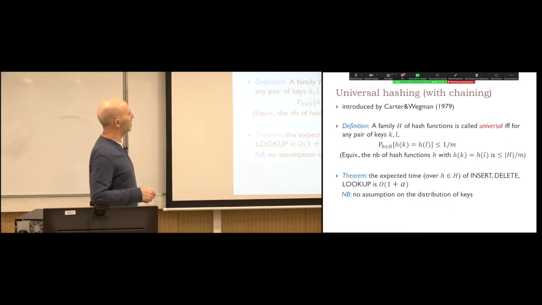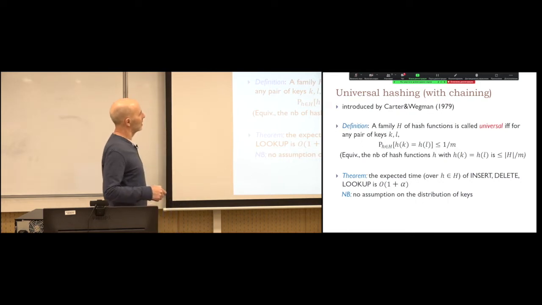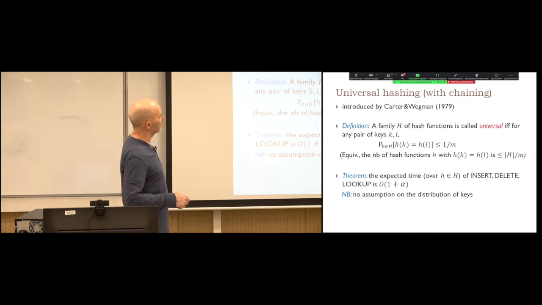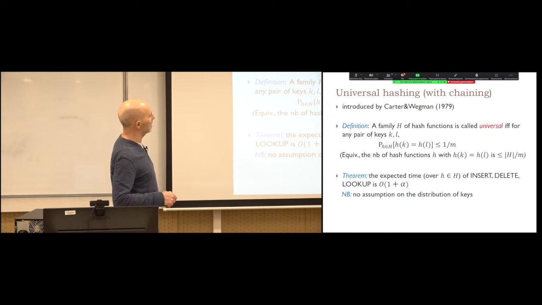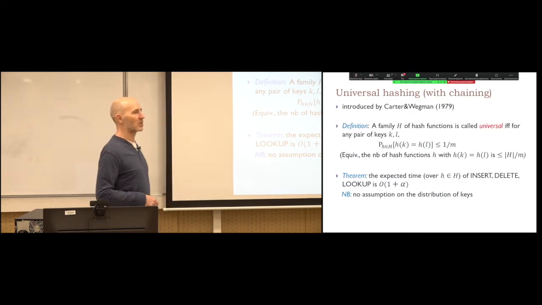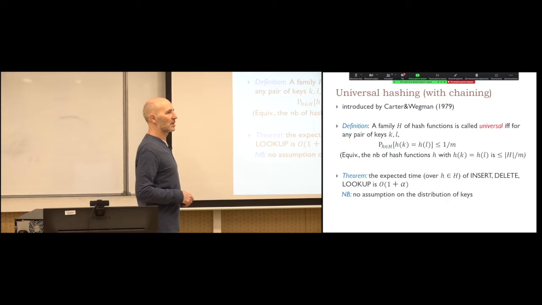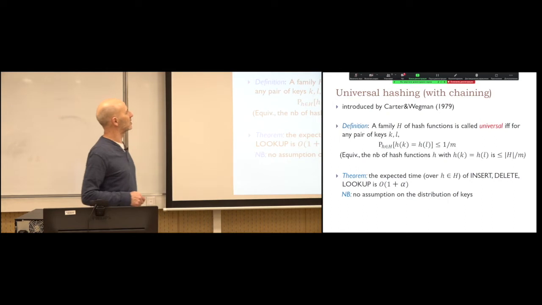For any pair of keys k and l, a fixed pair of keys, the probability that they collide, that they hash to the same bucket, is at most 1 over m, where m is the size of the hash table. What is important in this definition is that the probability is taken over the hash functions and not over some distribution on data. And k should differ from l. Sorry, I should have specified it.